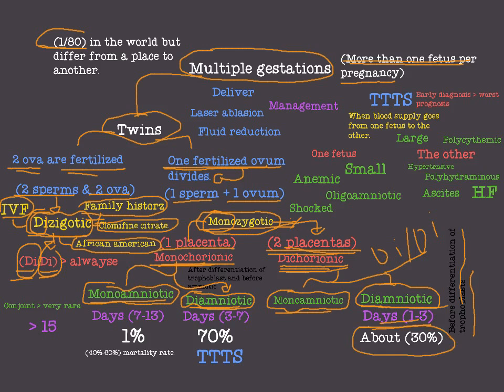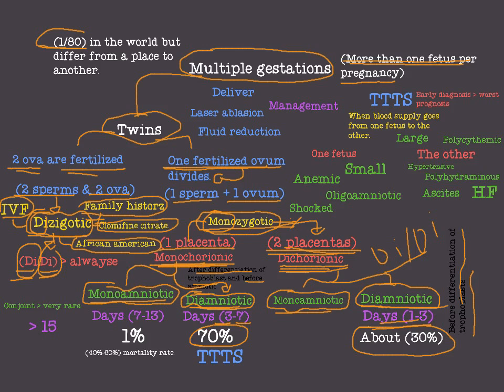If the separation is between days 3 and 7, we will have monochorionic, one placenta but two amniotic sacs, and that constitutes about 7% of all cases. This happens after differentiation of the trophoblast and before amniotic sac differentiation.